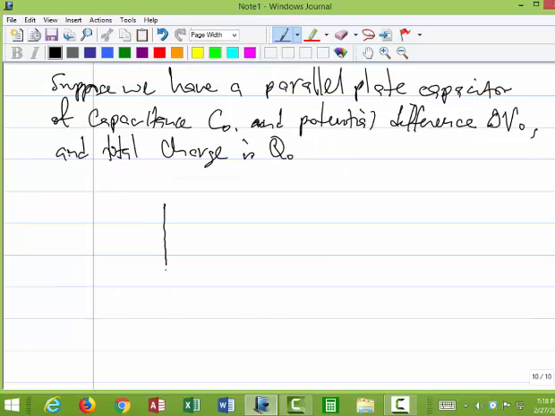So the capacitor is already charged to Q naught. We can put a voltmeter across this, and it tells us the potential difference is delta V naught. This is the positive and this is the negative plate.